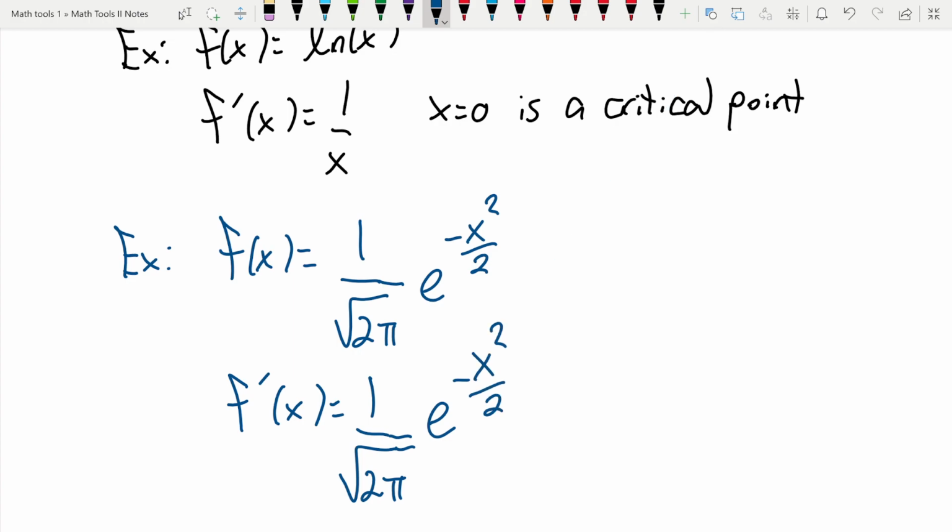So this is negative e to the x squared over 2 times the derivative of negative x squared over 2, which will be just negative x, right? Because the 2's will cancel. And we want to set this equal to 0.